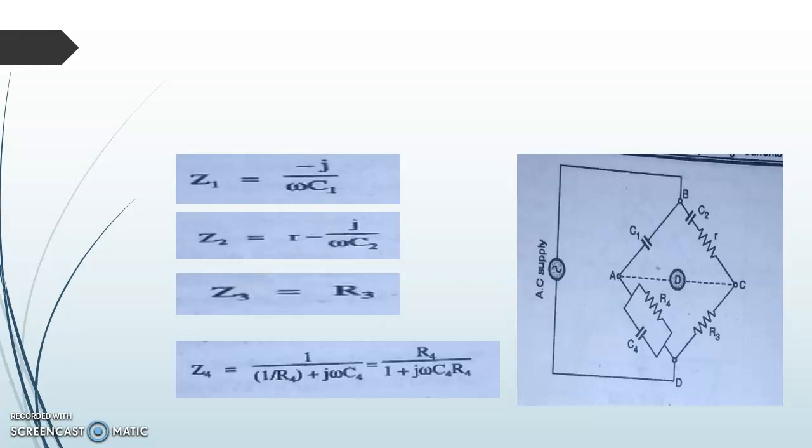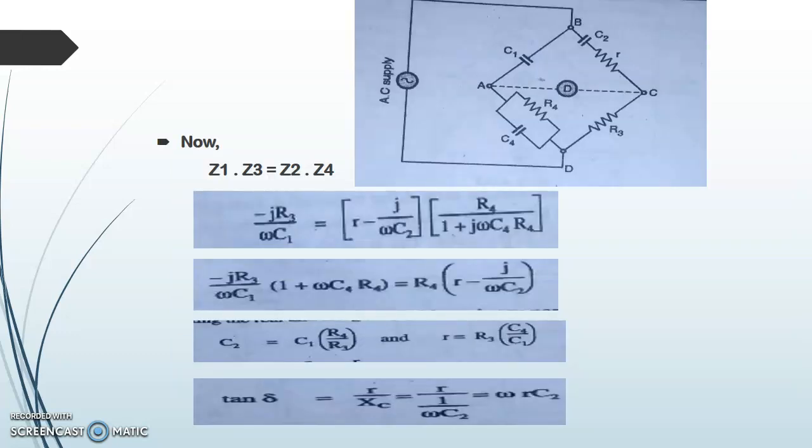Now, for balance as indicated by the detector, we can say that Z1 into Z3 is equal to Z2 into Z4. Solving Z1 into Z3, we get minus J into R3 upon omega C1.